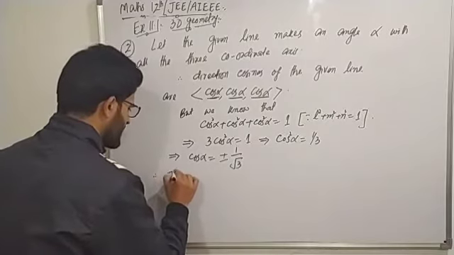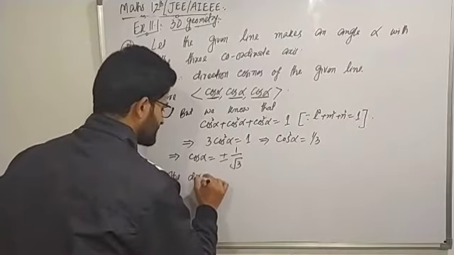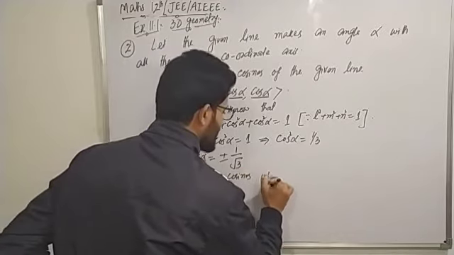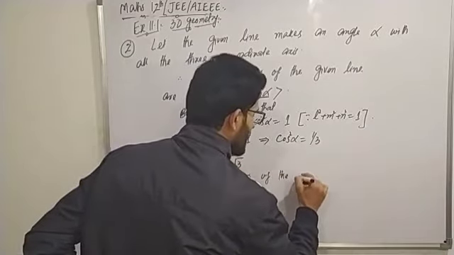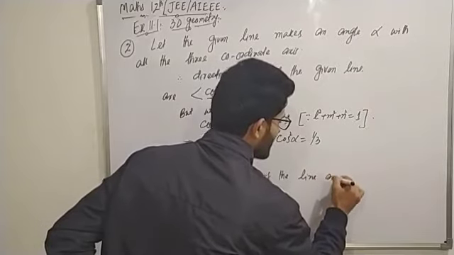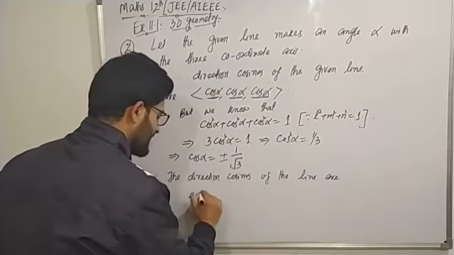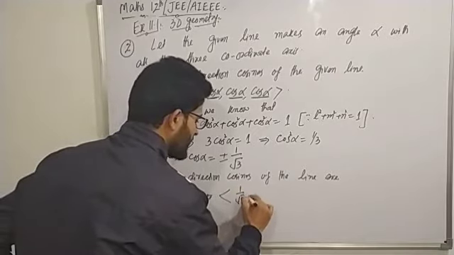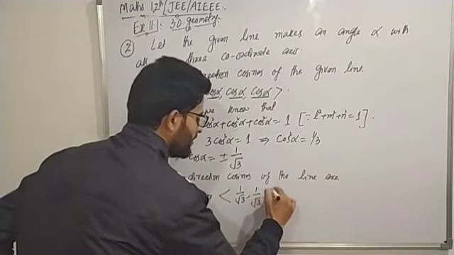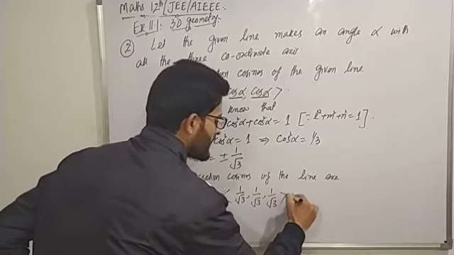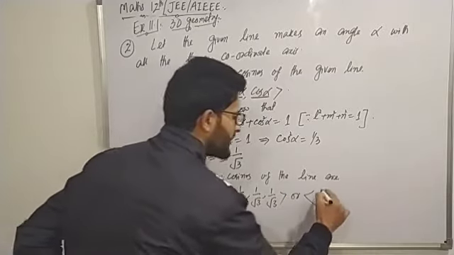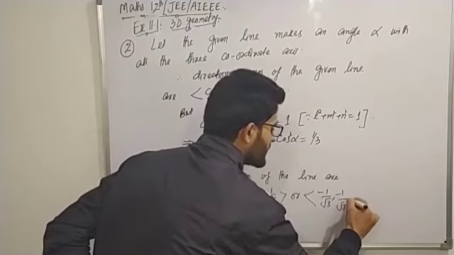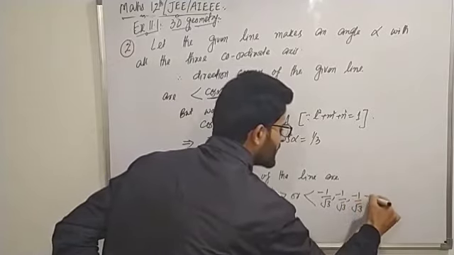Therefore the direction cosinus of the given line are either या इसके डायरेक्शन कोसाइन होंगे यस ऑर्डर 3 टपल ऑफ 1 by square root 3 1 by square root 3 1 by square root 3, और या इसके डायरेक्शन कोसाइन होंगे ऑर्डर 3 टपल ऑफ माइनस 1 by square root 3 माइनस 1 by square root 3 माइनस 1 by square root 3.